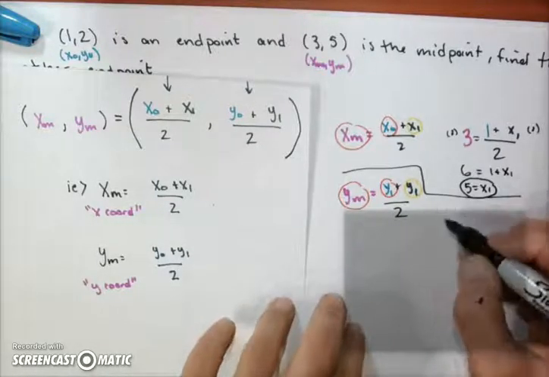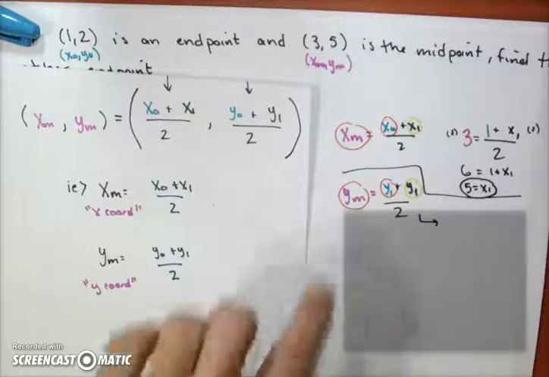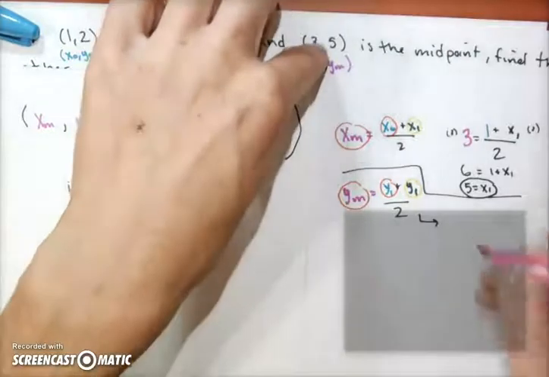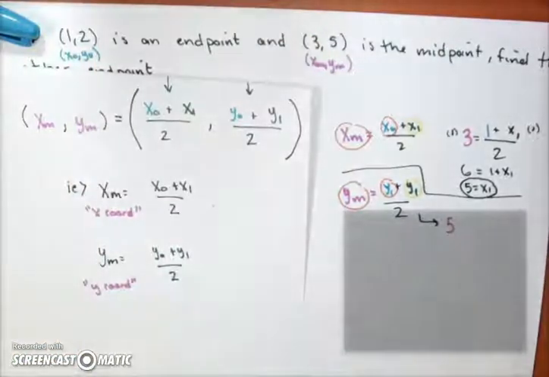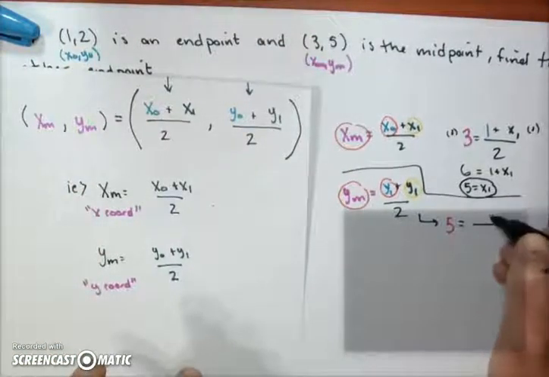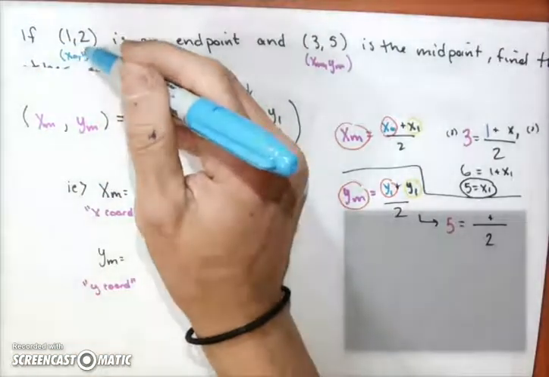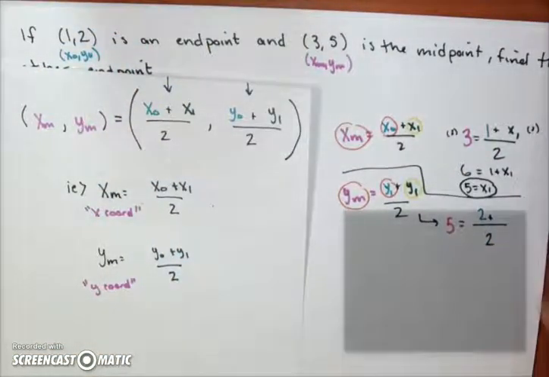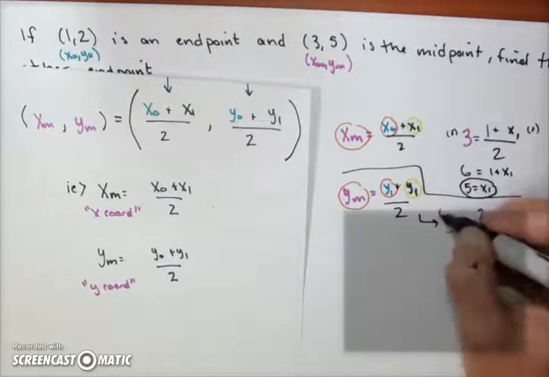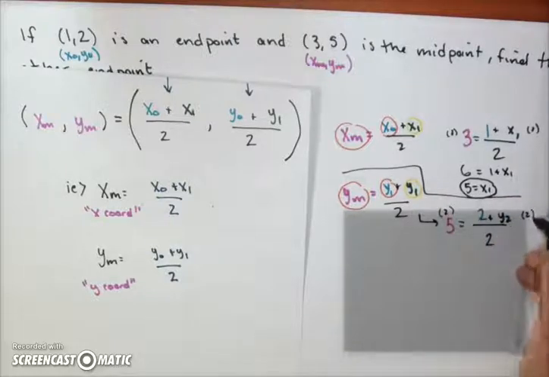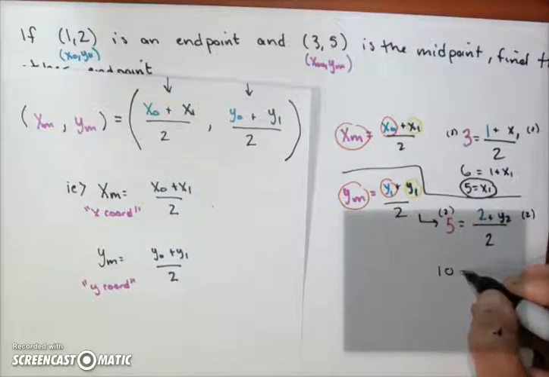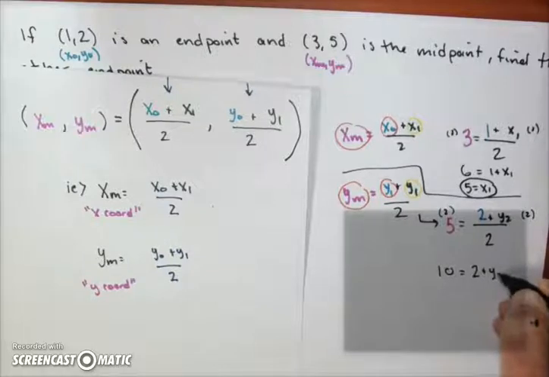And similarly, I can rewrite this equation. ym is 5, that's the y coordinate of the midpoint. y0 is the y coordinate of my first endpoint, so that's 2. And I need to find y1. Again, I'll just solve this equation, multiply both sides by 2, which gives me 10 equals 2 plus y1.